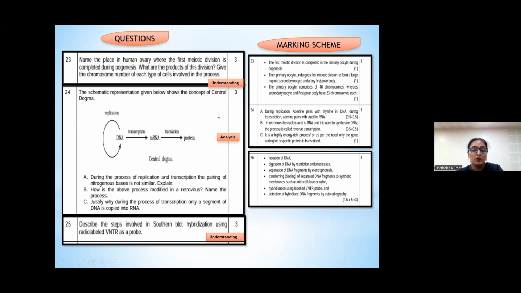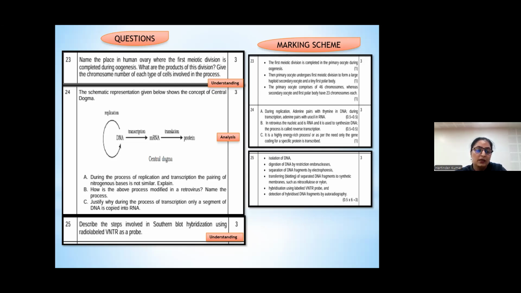When RNA is formed or when protein is formed, very simply, this can be said as the movement of, we can say, the genetic code or information from DNA to proteins. That is the central dogma. So in this, very simply, it has been asked about the process of replication and transcription. That is 2 concepts. So this is a case of analysis. In the C part of this question, they have asked for justification that why this process is only a segment. So here it can be a case of evaluate.